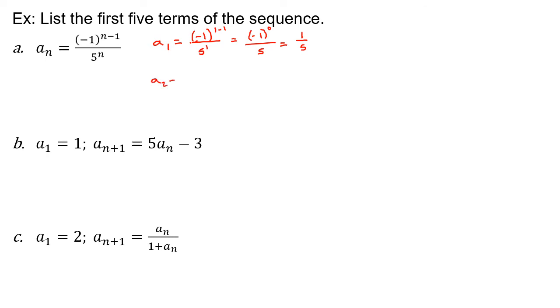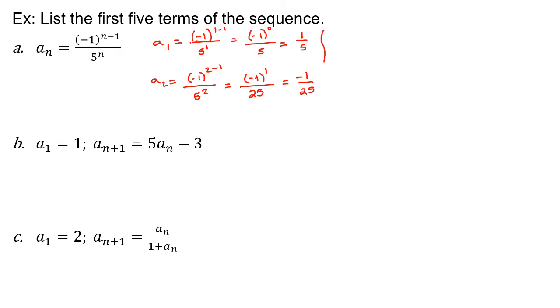A sub 2 would be negative 1 to the 2 minus 1. You're just plugging the 2 in where the n is, and over 5 squared. So that's negative 1 to the first power over 25. 5 squared is 25. And so negative 1 to the first power is still negative 1, so I get negative 1 over 25.